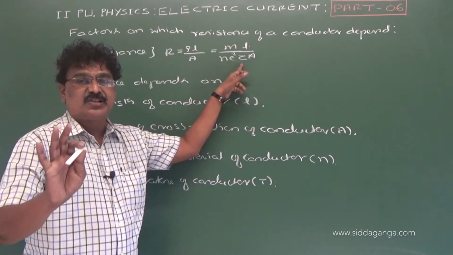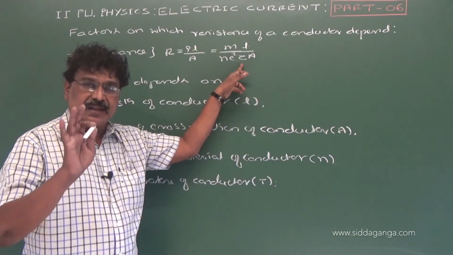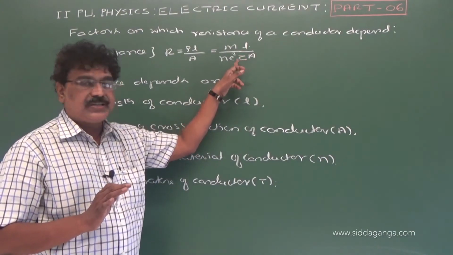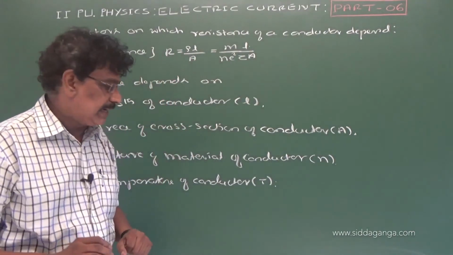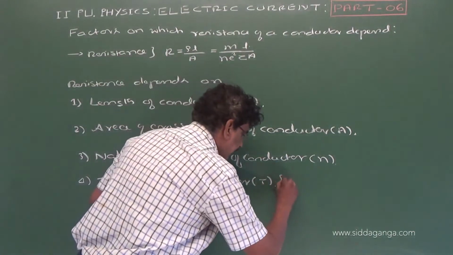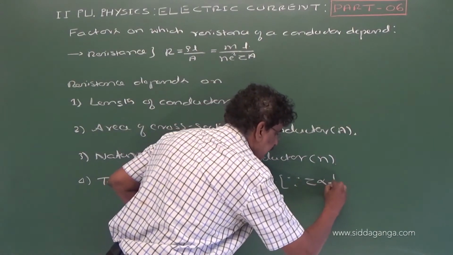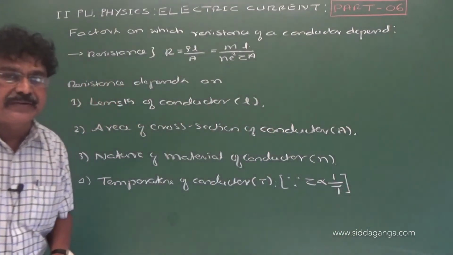In fact, relaxation time is inversely proportional to temperature of the conductor. Therefore, as temperature changes, relaxation time changes. Consequently, resistance of the conductor changes. It is because tau is inversely proportional to T, that is temperature.